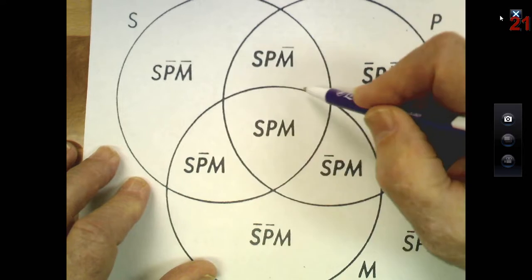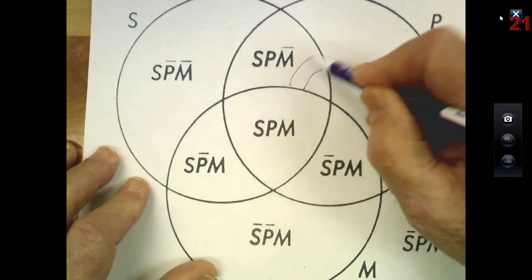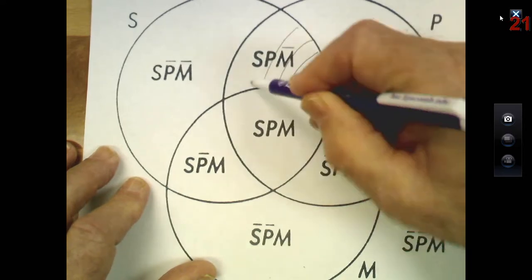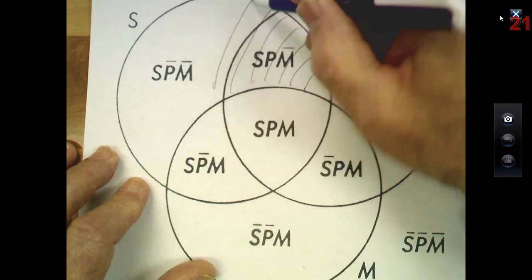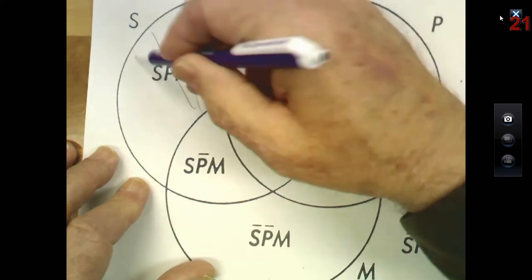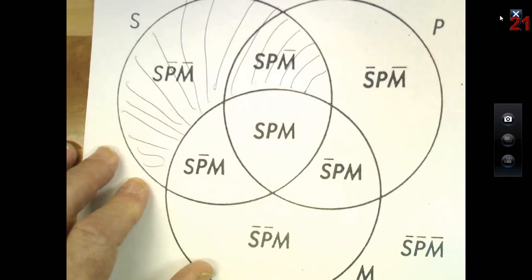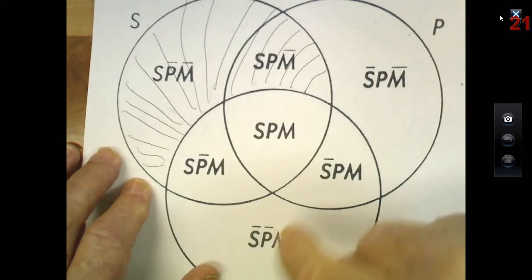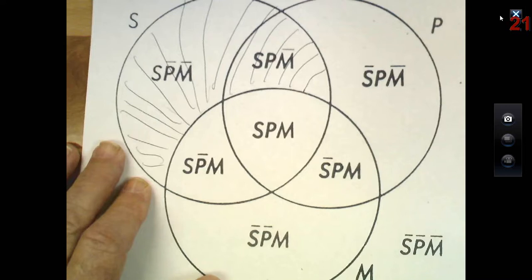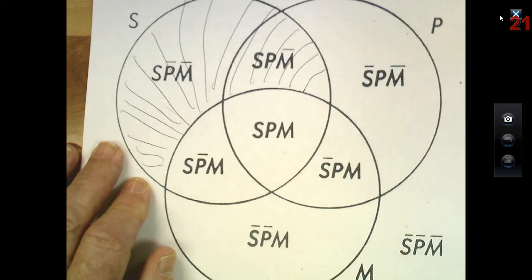I shade in everything that is in S that's not in M. So that's empty. All the scientists are over here with the physicists. My second premise is no physicists are good businessmen.